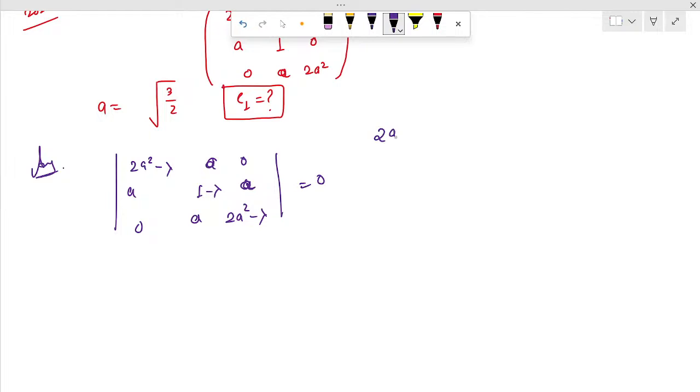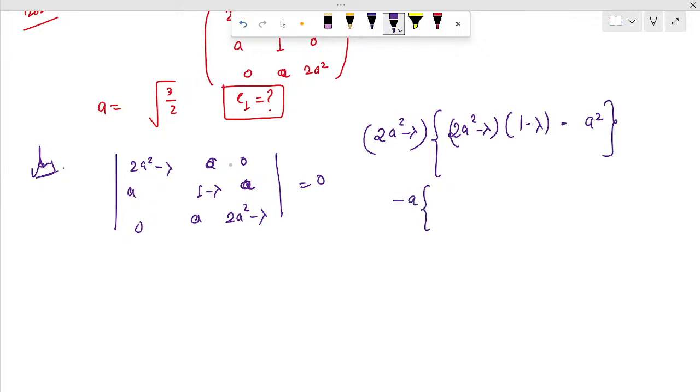So what you will get is 2a square minus lambda, times 1 minus lambda, minus a square, minus a times a times 2a square minus lambda, is equal to 0.